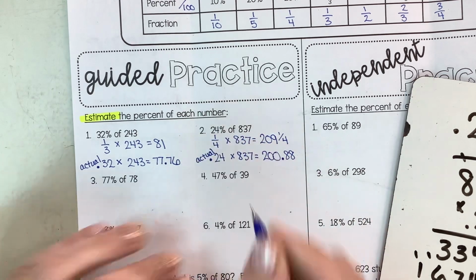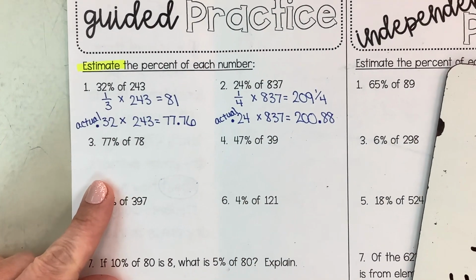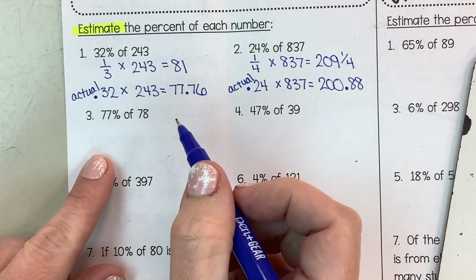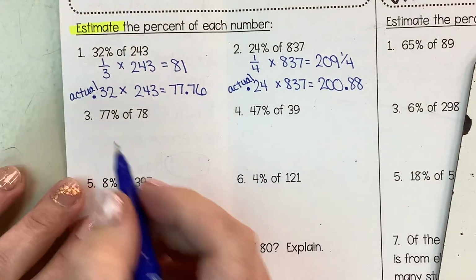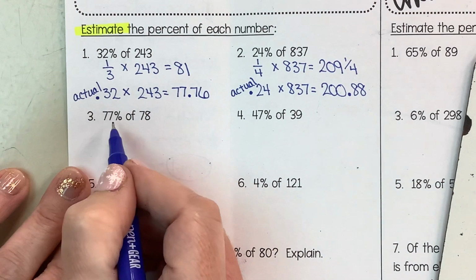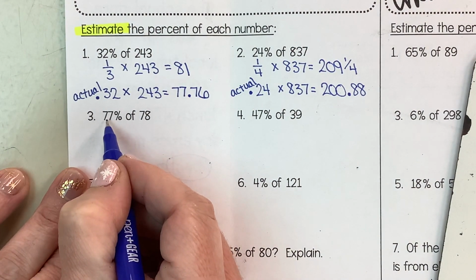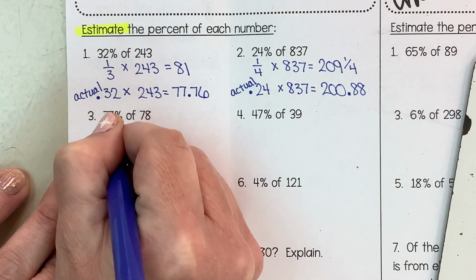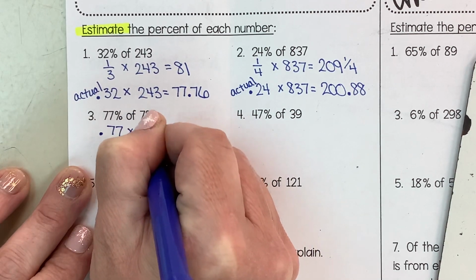Now what I want you to do next is on numbers 3 and 4 to look for the actual answer. On our test we will not need to estimate, so let's go directly to the answer. We're going to need to set this up not as a percent but as the decimal, so we move the decimal 2 times. So we have 0.77 of 78.